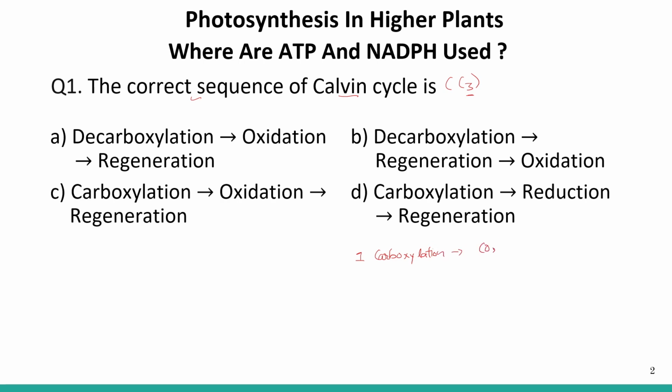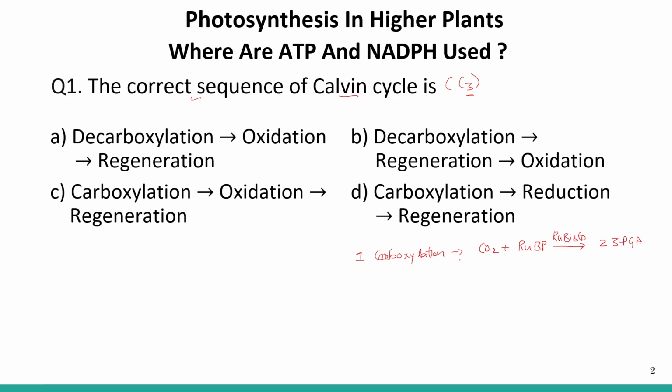The carbon dioxide combines with RuBP, ribulose 1,5-bisphosphate, in the presence of the enzyme Rubisco. And what is formed? 2 molecules of 3-phosphoglyceric acid are formed.